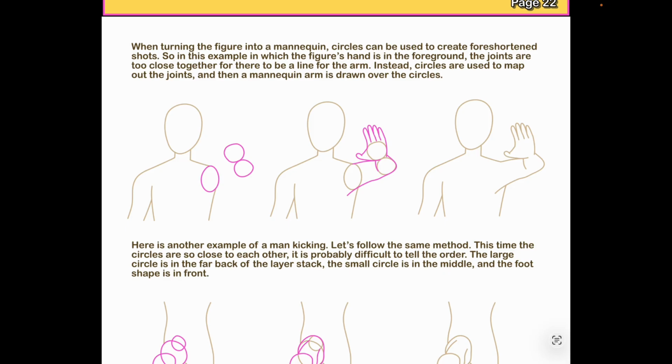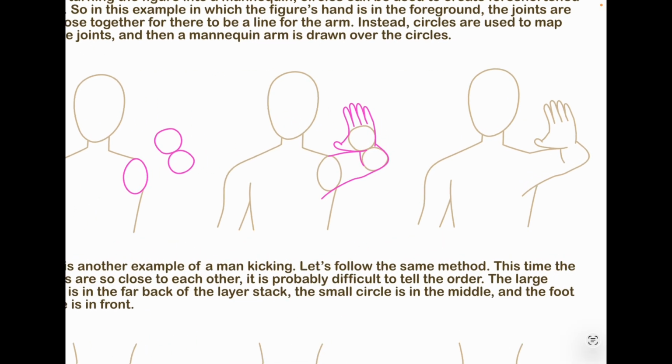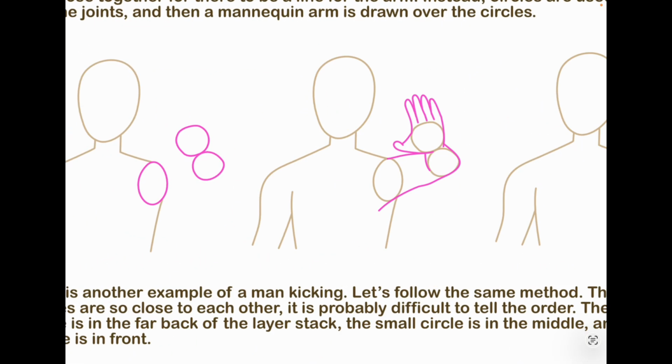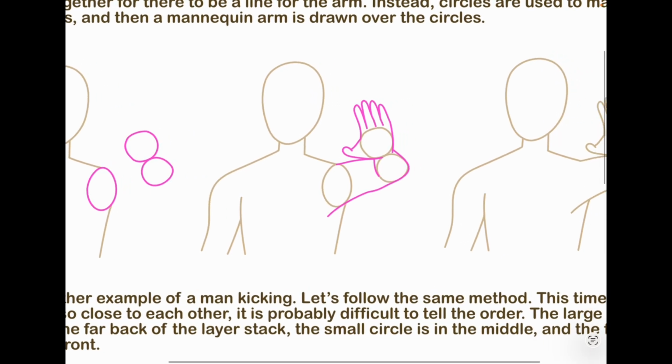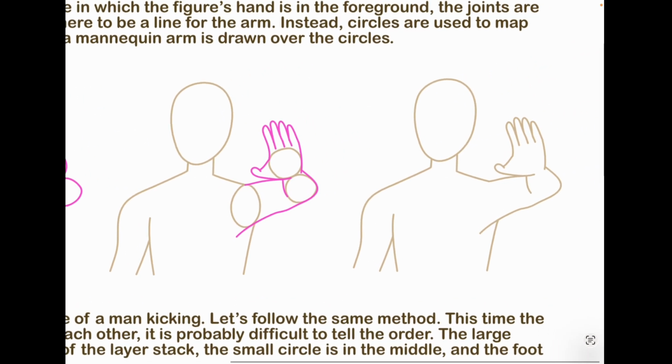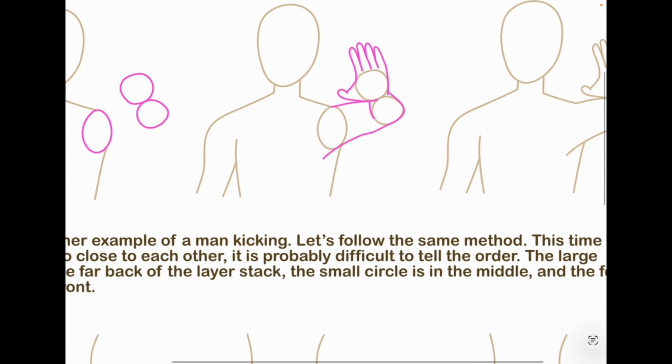So, in other words, this has more of a 3D perspective, and so I don't find lines would be helpful to indicate the limbs in this case. I'm using circles for the shoulder, the elbow, and also the hand palm, and then I'm almost overlapping them.